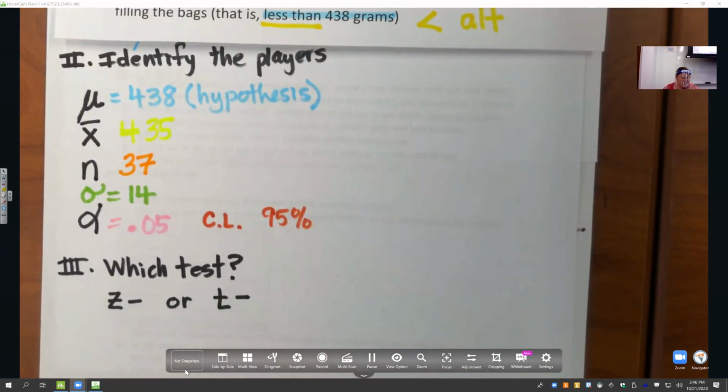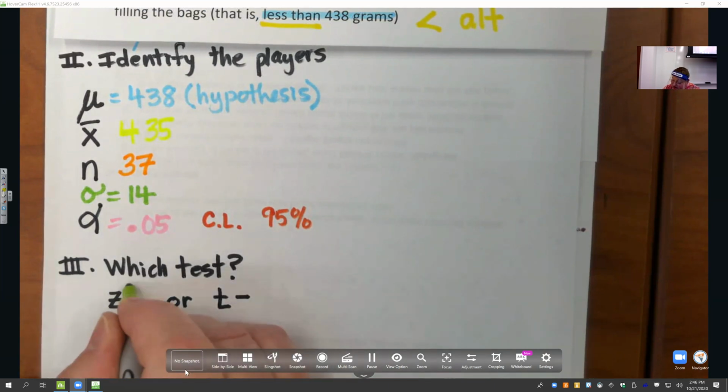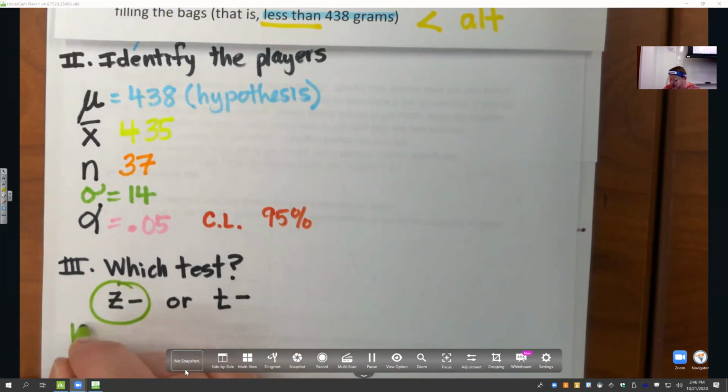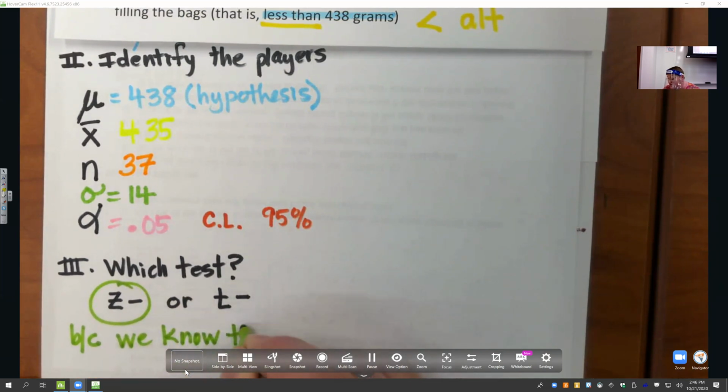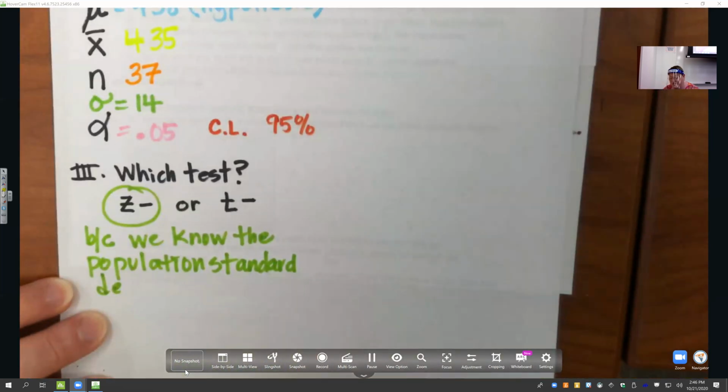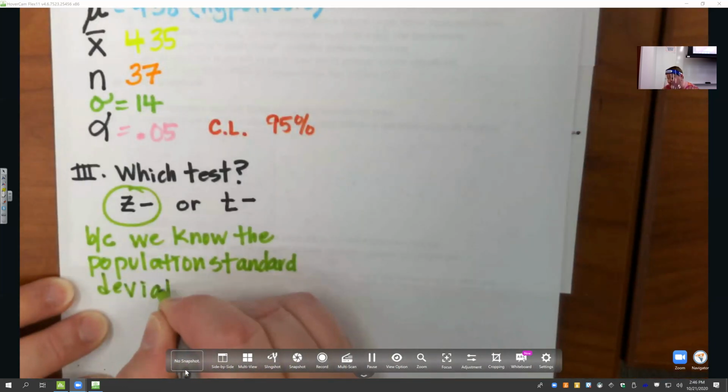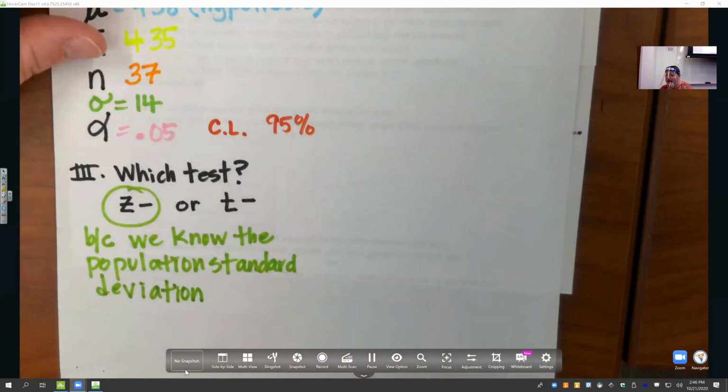Right now, you're only going to choose between a Z or a T. We're going to do a Z because we know the population standard deviation. The problem clearly, and I have it highlighted in green.